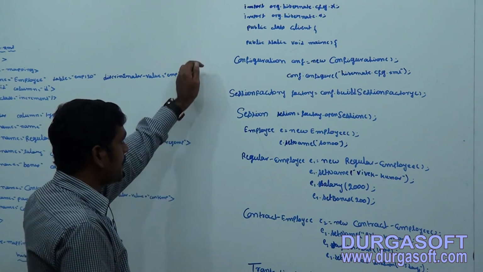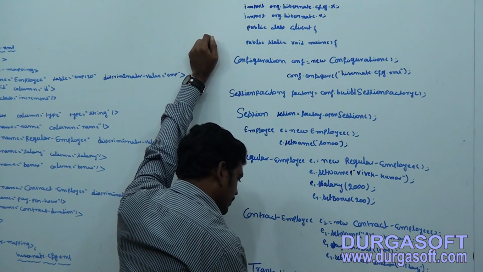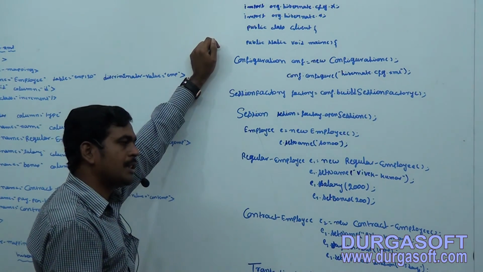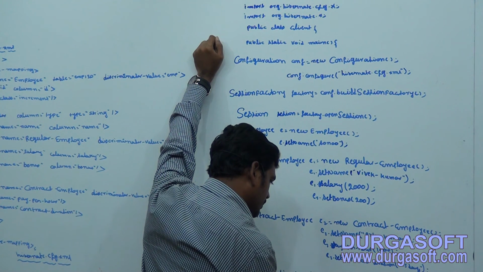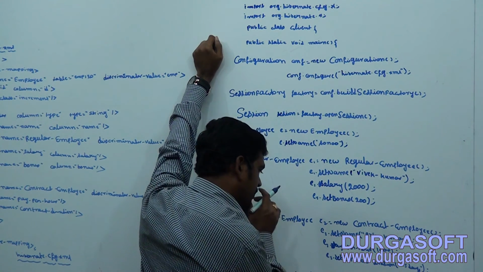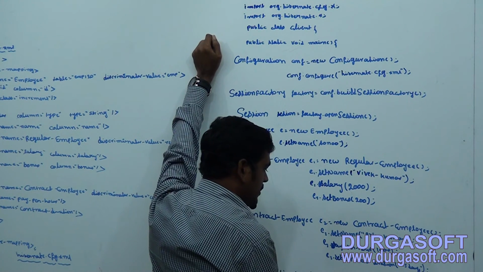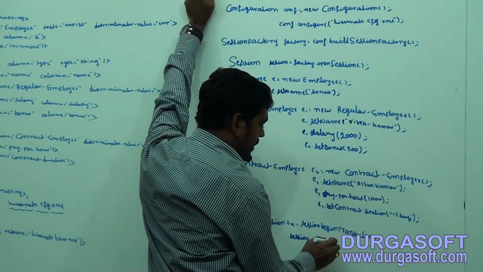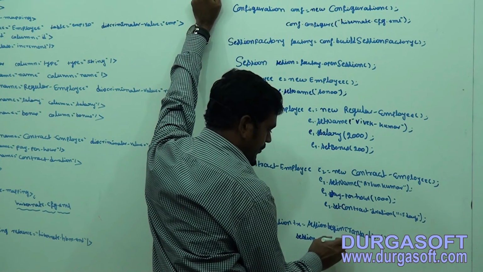After that, session.save method, or we can use the persist method. The persist method is given by Hibernate 3.x and 4.x. The persist method gives more performance compared to the save method.